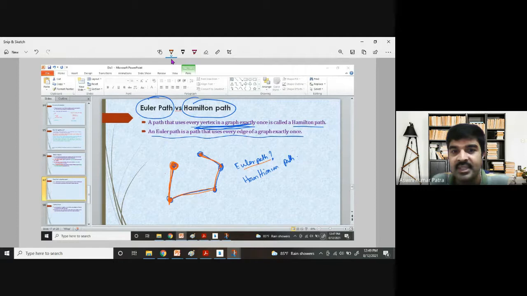Okay, I visited this, this, this, this, this. So this is a simple graph which has both an Euler path and a Hamiltonian path. And you can introduce this to students for various kinds of problems. Okay, so there is a typical problem called the traveling salesman problem.